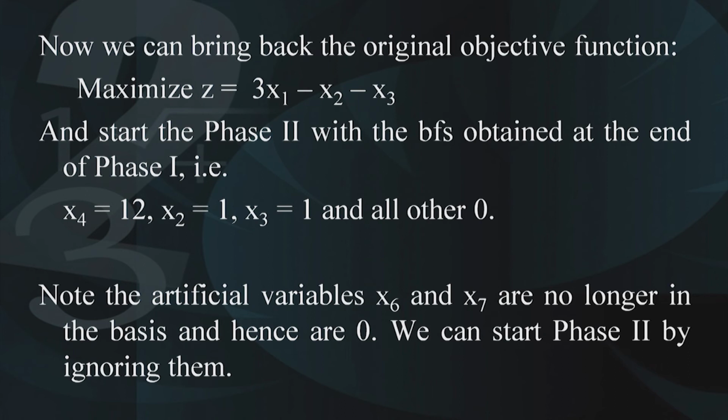However, before starting phase 2 we will observe that the artificial variables x6 and x7 are both 0. So, they are not required, they are redundant, and we do not want them, so we can just drop them, we can just ignore them, and that will help us in reducing our calculations since they are 0.